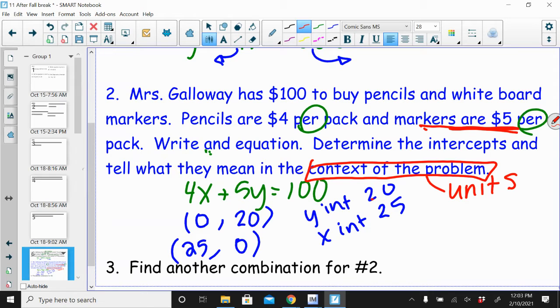You could spend all of your money on markers. If you did, you would buy 20 packs of them. You could buy 20 packs of markers and no pencils. That would be an extreme. You could spend all your money in one place. No pencils, all markers. Or if you went the other way, you could spend all your money on pencils and no money on markers.